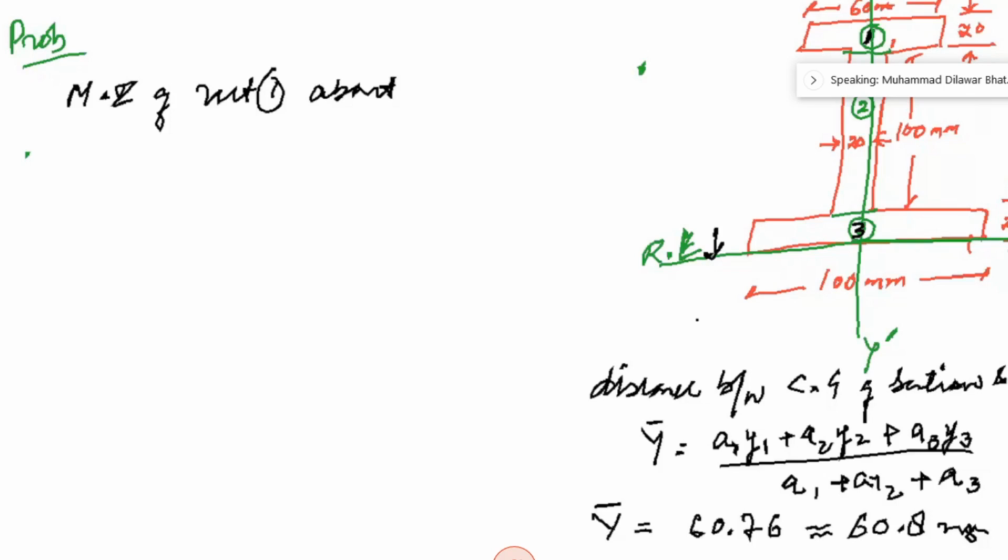But before that, we have to look at the individual rectangles: rectangle 1, rectangle 2, and rectangle 3. Moment of inertia of rectangle 1 about the axis through its center of gravity, parallel to the x-axis.